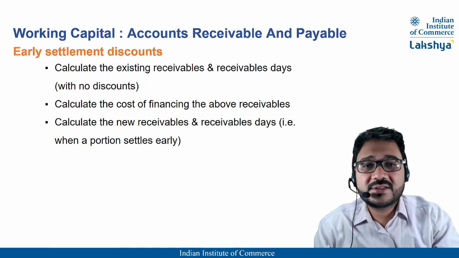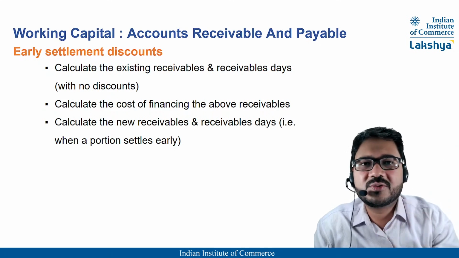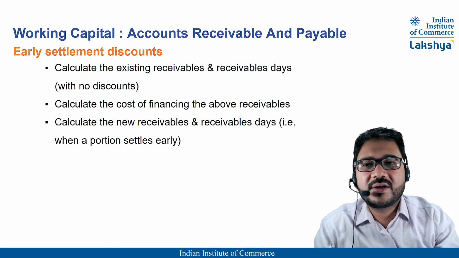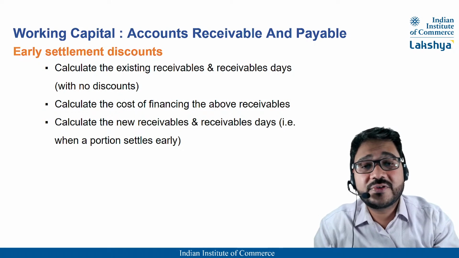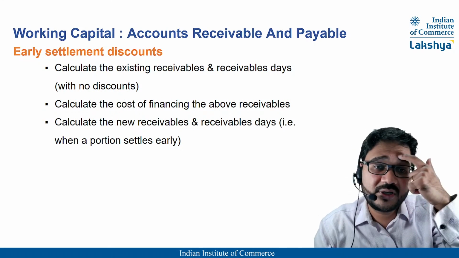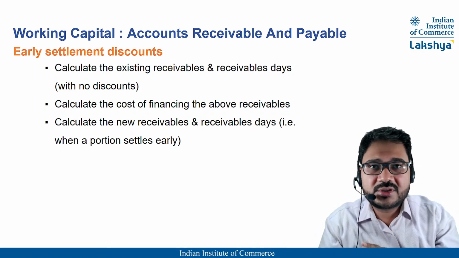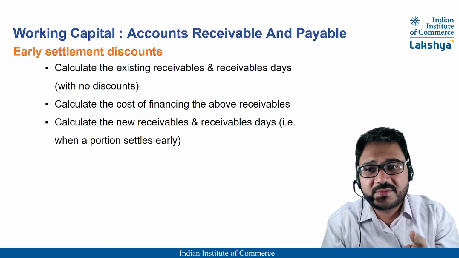Calculate the existing receivables and receivable days with no discount. So these are the steps that you would follow when you have to find out whether early settlement discounts are to be offered or not. Firstly, you will calculate the existing without any discount. What are the receivables? What are the receivable days? What is the cost to fund these receivables?